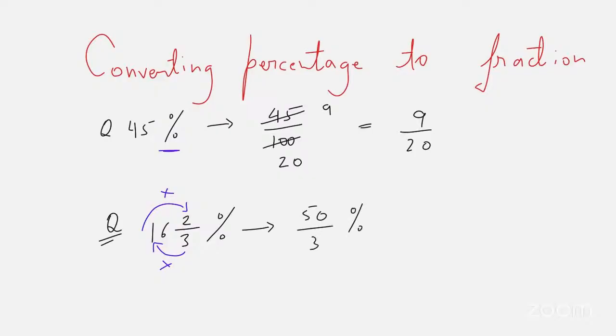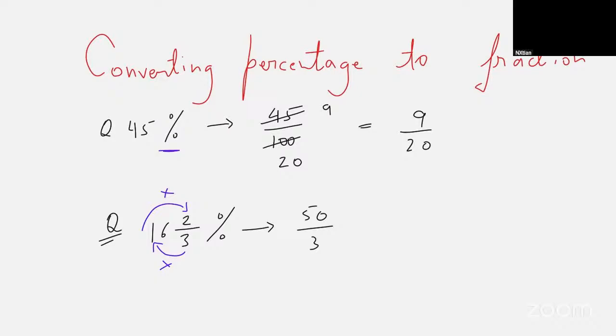Now see, 50 upon 3 is not the answer. 50 upon 3 is just a more sorted form of the percentage. Now what I will do is multiply by 1 upon 100. So 50 upon 300, because 3 into 100 is 300.